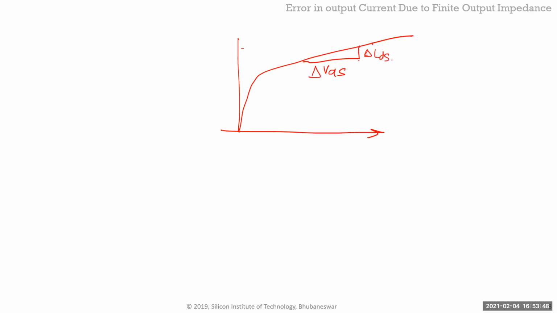That's your error in your current. So if this was perfectly linear, and let's say RDS, the output impedance, was 100K, and your voltage is varying from 0.5 volt to 0.6 volts, how much do you think the current will vary by?